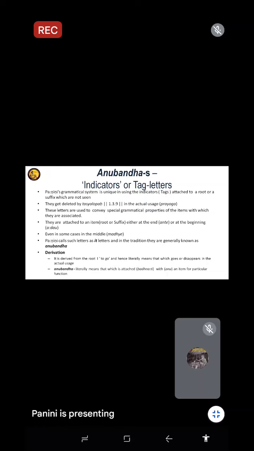That is the role of tagging. They are called indicators because they only indicate. They are not actually found in the language, but they are used in the underlying structure, what we call the analytical sentence or alaukika vakya.